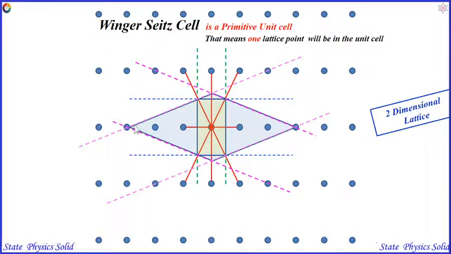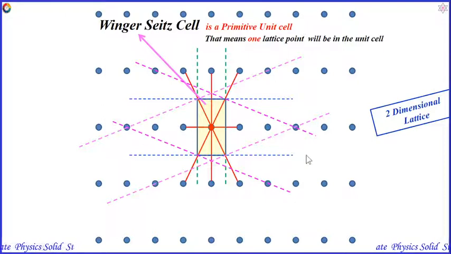So this larger area has more than one lattice point, see 1, 2, 3, 4 and also at the two corners, so this area should not be considered. Then this area, if we consider it, we find only one lattice point at the center. So this area is nothing but the Wigner-Seitz cell for this lattice. For this two-dimensional lattice, this will be called the Wigner-Seitz cell or a primitive cell.